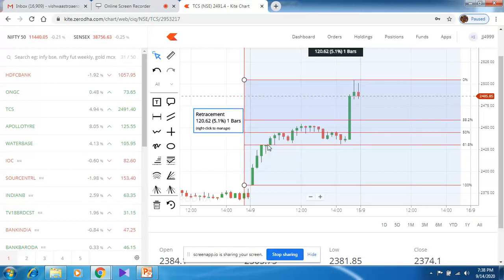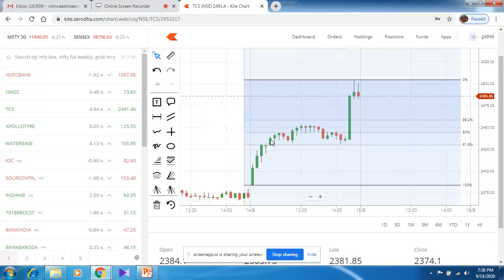Later, once it crossed this 61.8 level, immediately the next candle went up. There was no stopping it. The next candle afterwards went nearer to 50%, and afterwards it tested this line and people started selling.